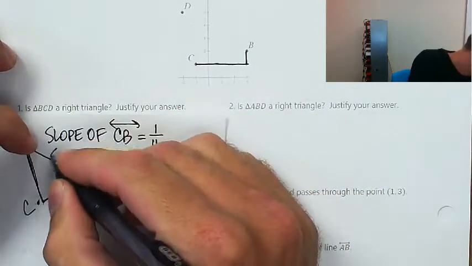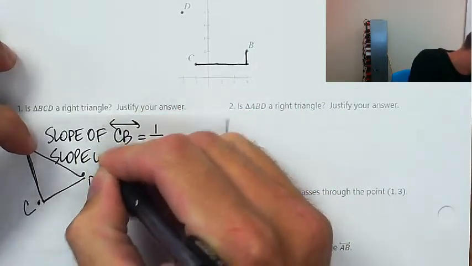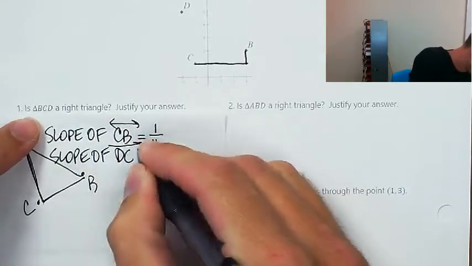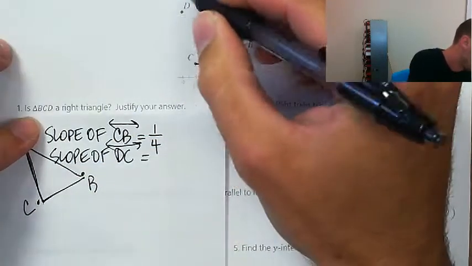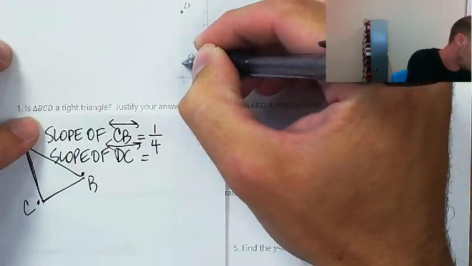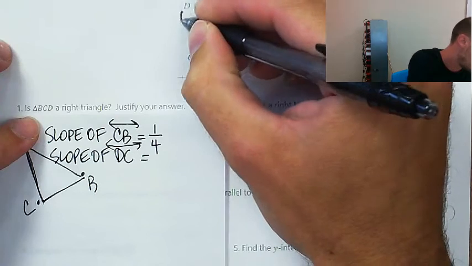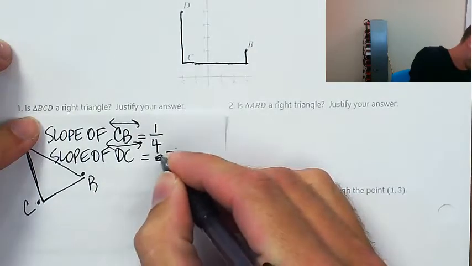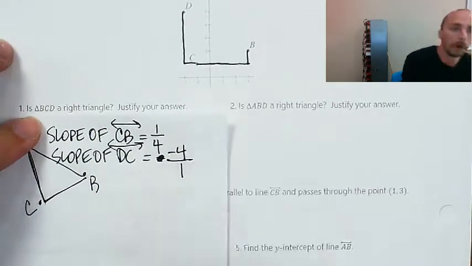Okay, the slope of line DC, I'm going to do the same thing over here. It looks like I'm going down 1, 2, 3, 4 when I go over 1. So I'm going to say that's negative 4 over 1.